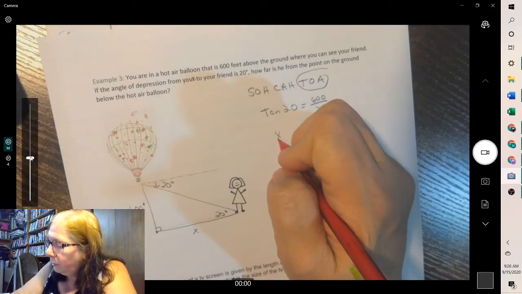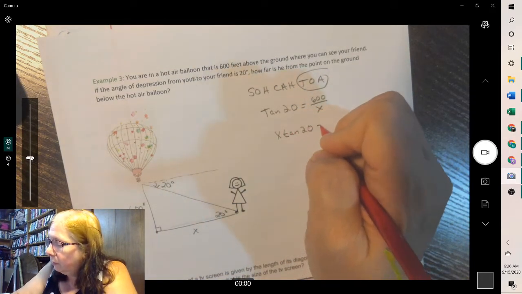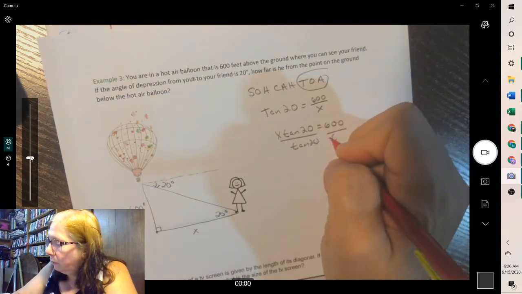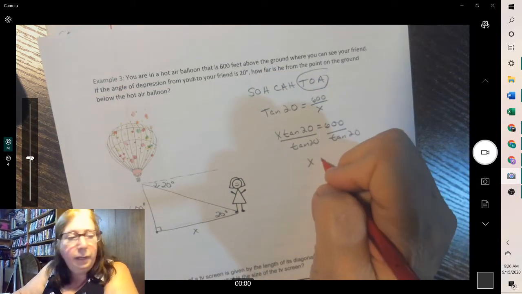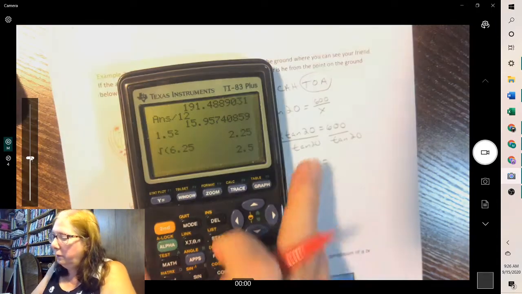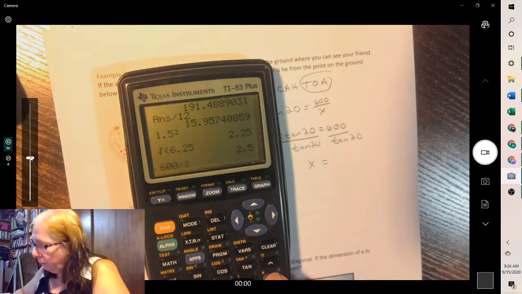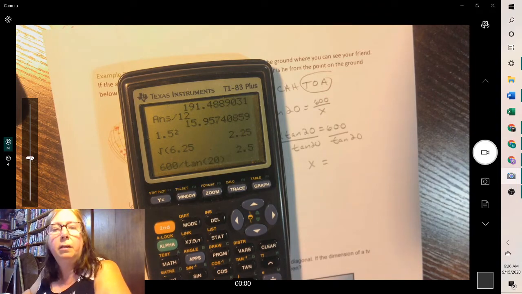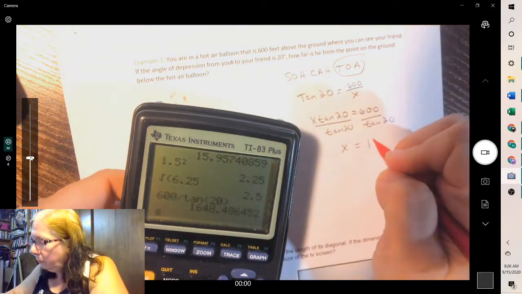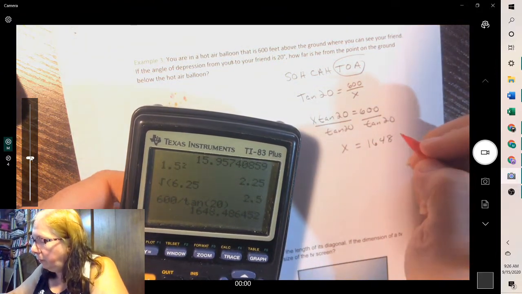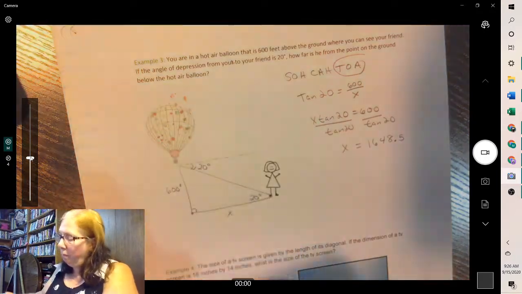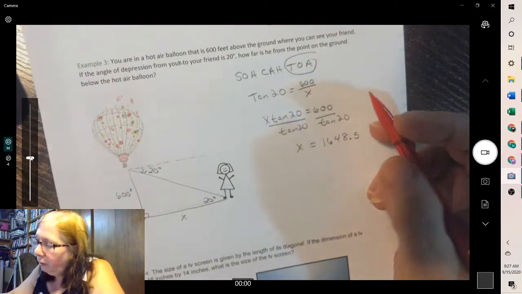Multiply the x to the other side. Divide by the tangent. And get x equals, plug that in our calculator, 600 divided by the tangent of 20. And rounding to the 10th, it would be 0.5. And it was in feet.